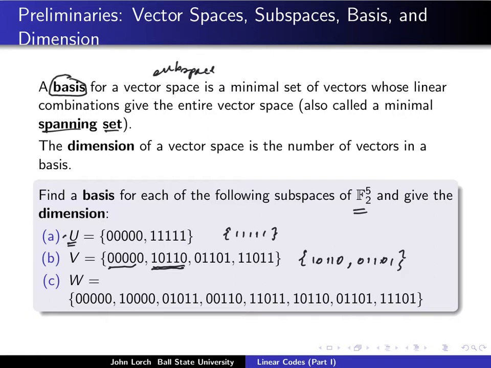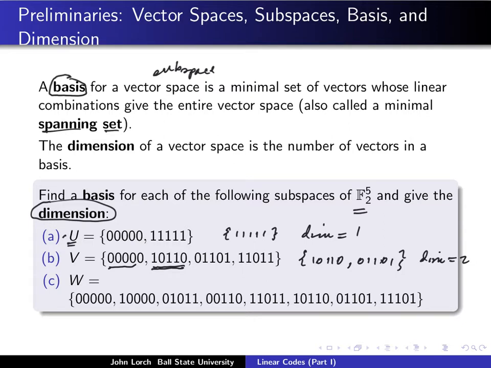Okay, now we're also supposed to be giving the dimension of each of these subspaces. So remember, dimension is the size of a basis. So in part A, the dimension is equal to 1. Here, the dimension in part B is equal to 2. Now, in W, we've got a longer set of vectors. There are 8 vectors here.